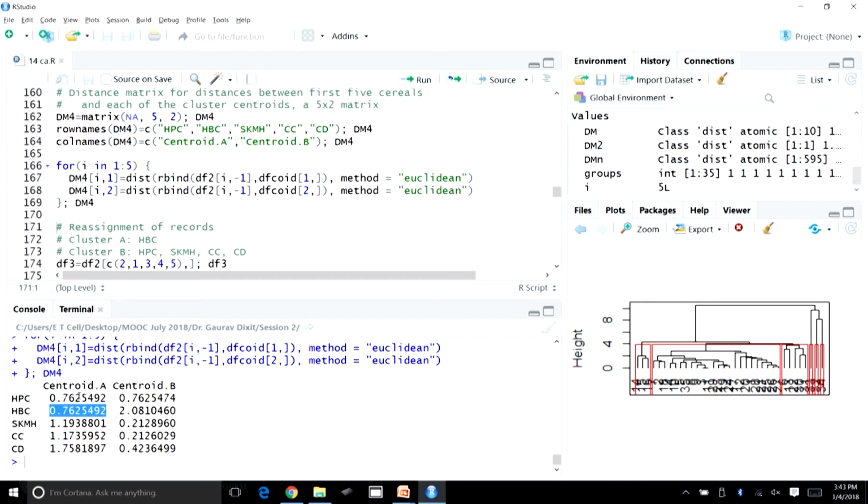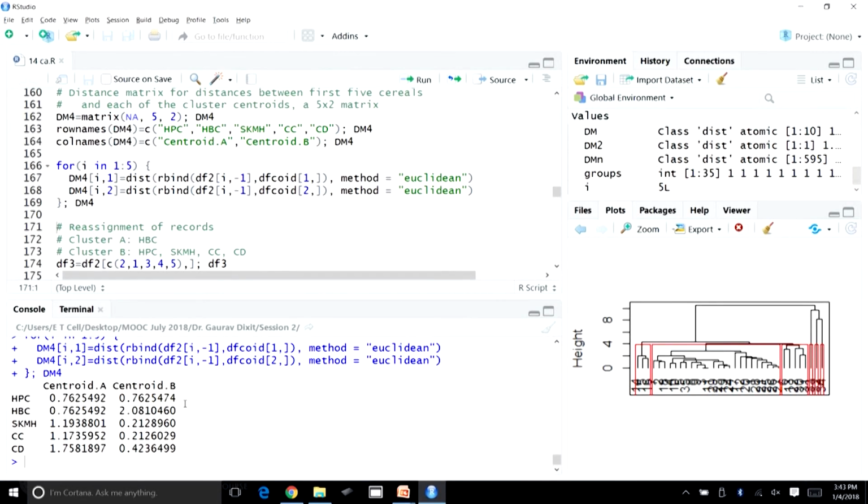But if we look at the first observation, though it seems to be distant from both the cluster centroids, if we closely look at these values up to 7 decimal points, we can see that HPC is much closer to centroid B. Therefore, it can be reassigned to cluster B. This is what is going to happen as per the algorithm: we find out for each observation its closeness with each of the cluster centroids.